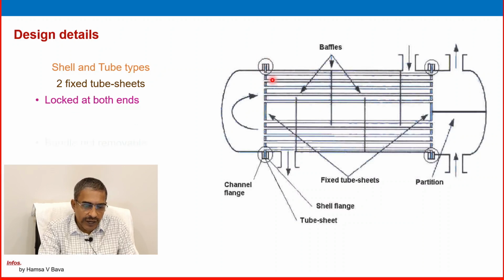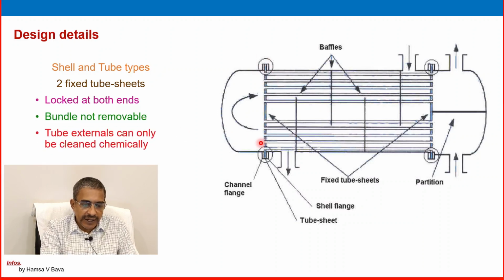You have locked at both ends, the bundle is not removable, and only the tube external can be cleaned. In the space in between, you can clean by chemical acid washing using standard cleaning methods. So this is the first type of shell and tube heat exchanger, fixed tube sheet.